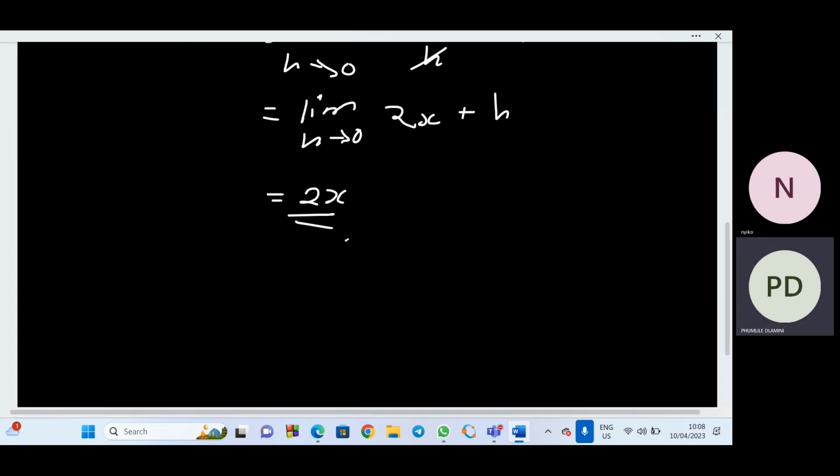Now when we are dealing with a limit, we are going to be guided by some few rules.